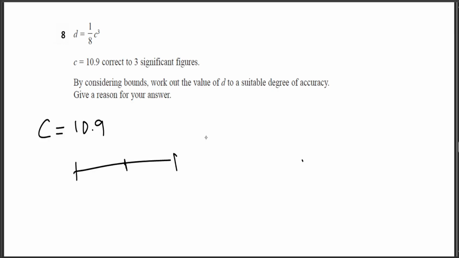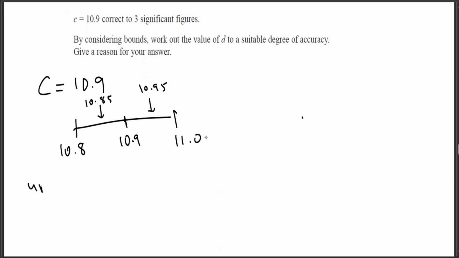So this is 10.9, this should be 11, and this is going to be 10.8. So right here we have 10.85, and right here we have 10.95. So basically the upper for that is 10.95 and the lower is going to be 10.85.